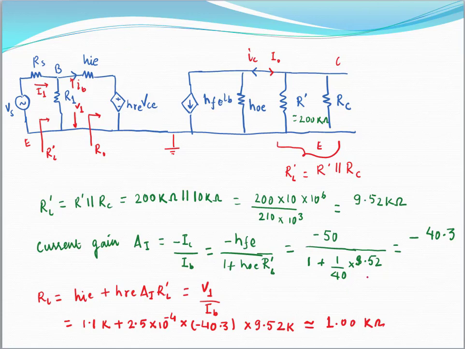So now we will calculate first the current gain; Ri dash we will calculate after the voltage gain. So let's calculate the voltage gain first.